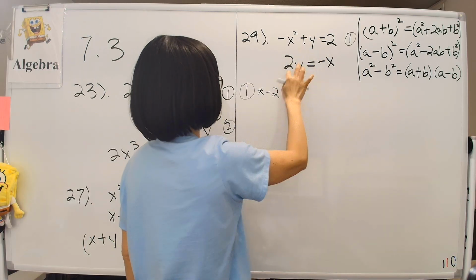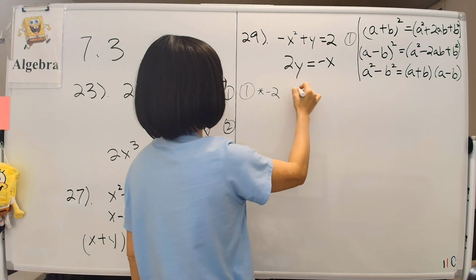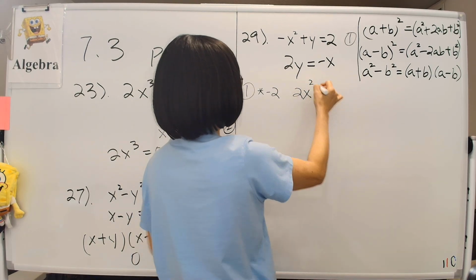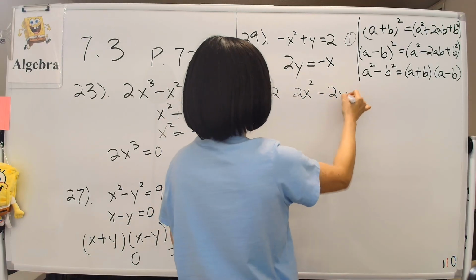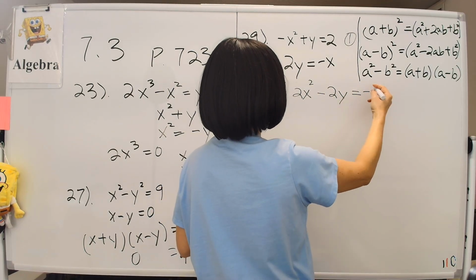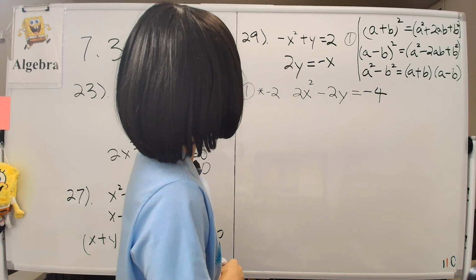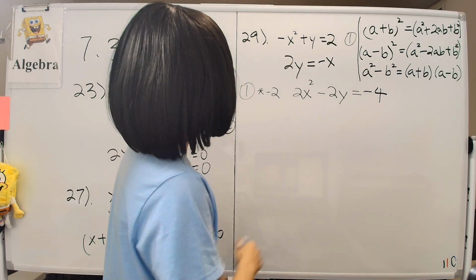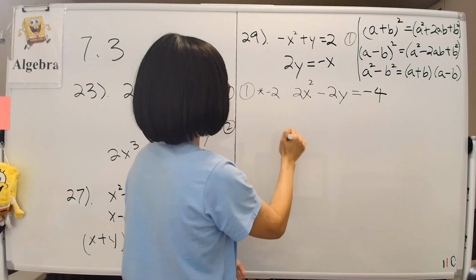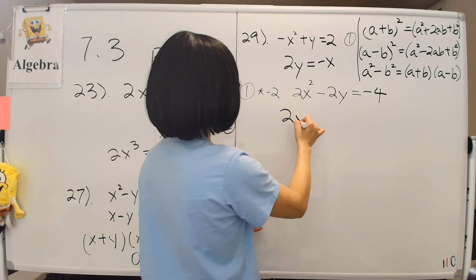Well, that part does. So we have 2x squared minus 2y equals minus 4, right? We're multiplying by minus 2. Then we add these two things together, and we get 2x squared.